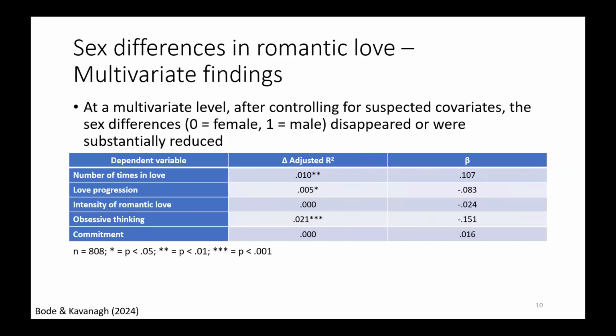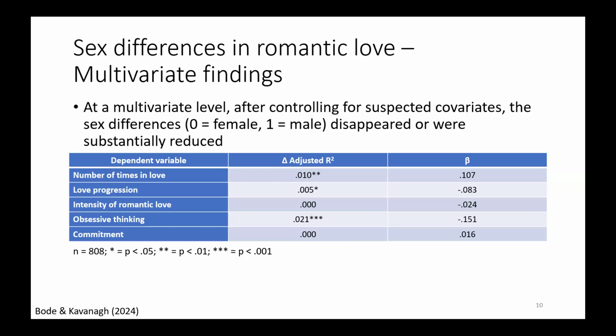So after that, what we did was run a series of hierarchical linear regressions where biological sex was the predictor variable, and we controlled for a number of suspected covariates. And as you can see, when we did that, the effect of sex reduced or disappeared entirely.